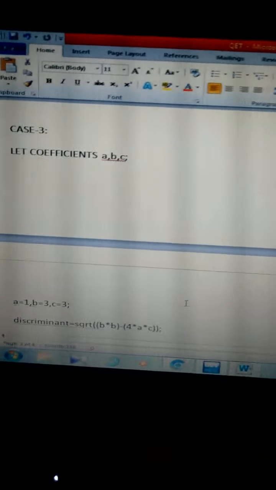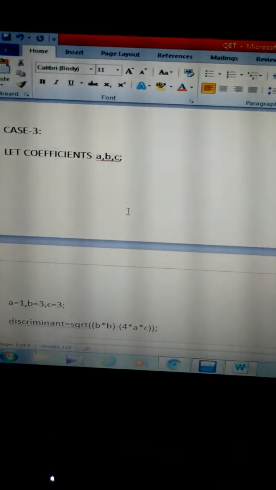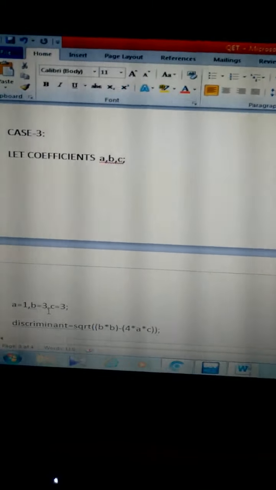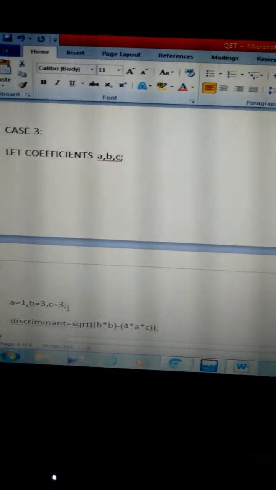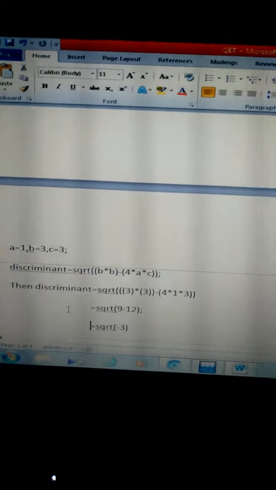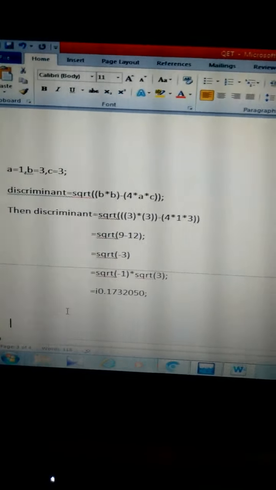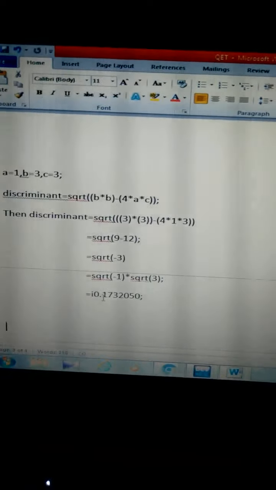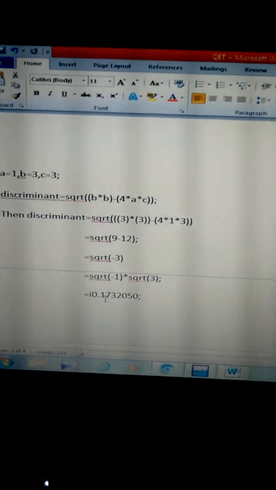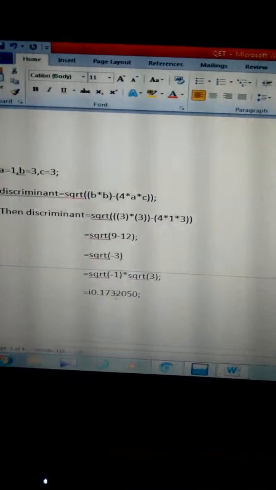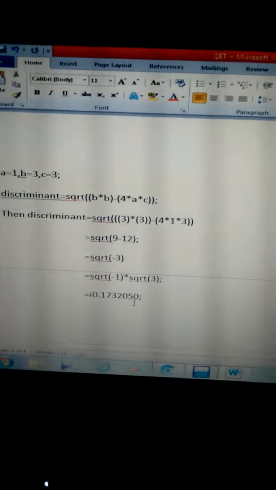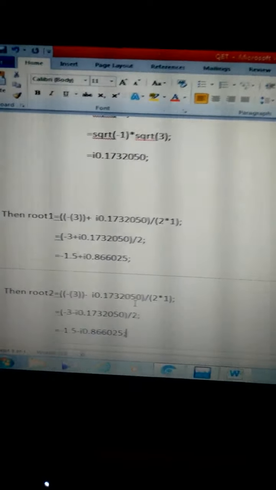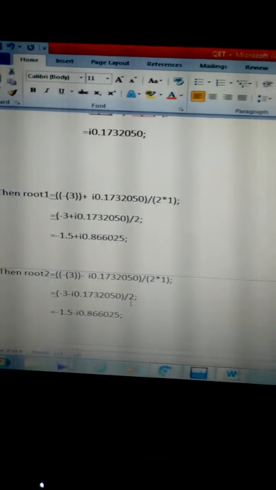Third case, let coefficients be a, b, c. Let the values be a is equal to 1, b is equal to 3 and c is equal to 3. Find the discriminant value by substituting the values of a, b, c. We get i into 0.1732050. Now let us calculate the values of root 1 and root 2 by using the above formulas.